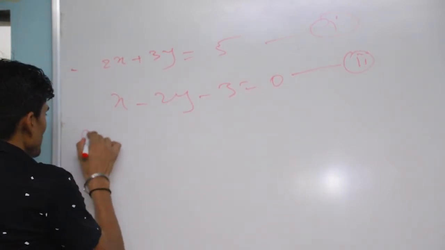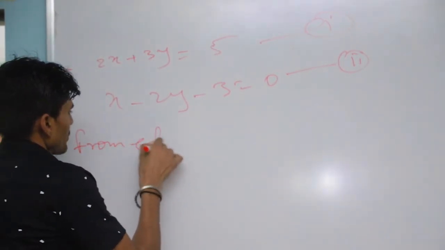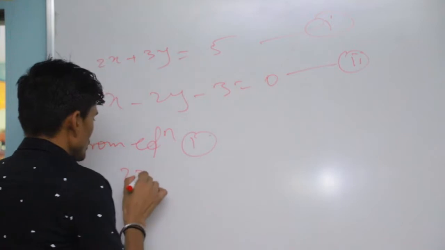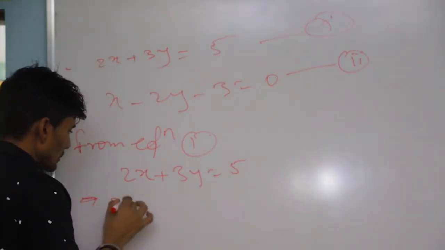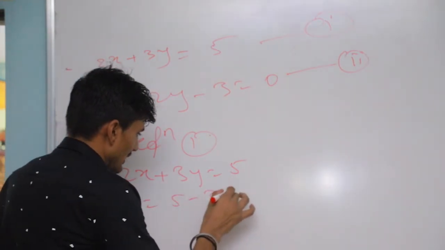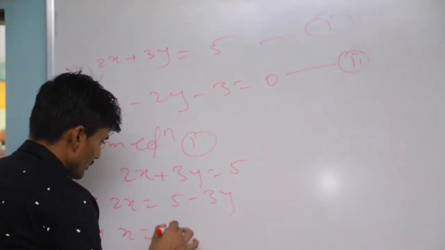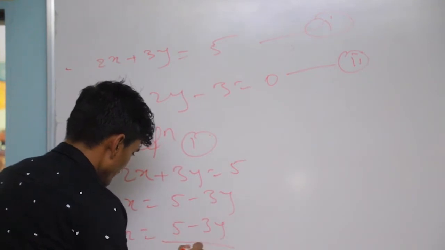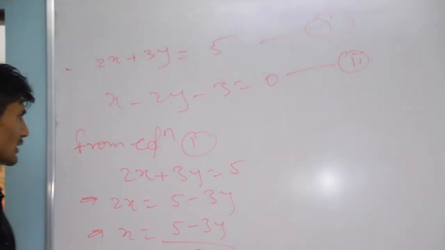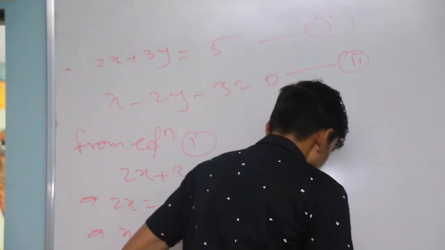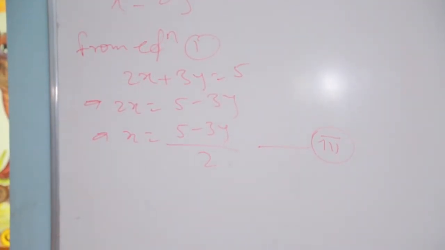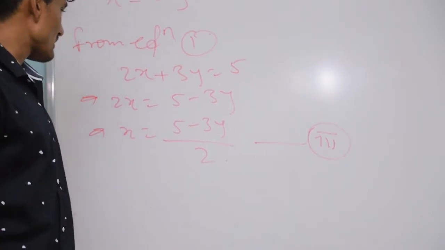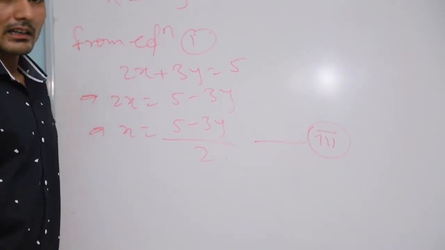From equation 1, 2x plus 3y equal to 5. So 2x equal to 5 minus 3y. So x is equal to 5 minus 3y by 2. That is equation number 3. Now we have to take different values of y.